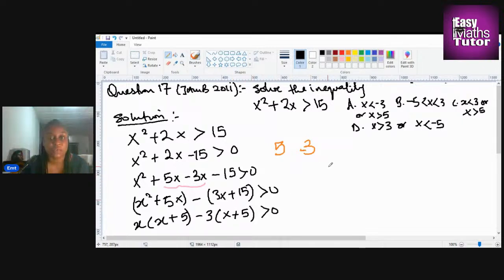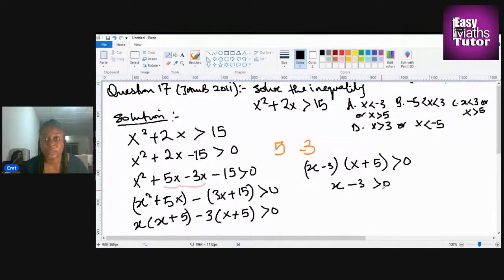Quickly we regroup the factors as x minus 3, bracket, x plus 5 greater than 0. So our final answers will be x minus 3 greater than 0 and x plus 5 greater than 0.